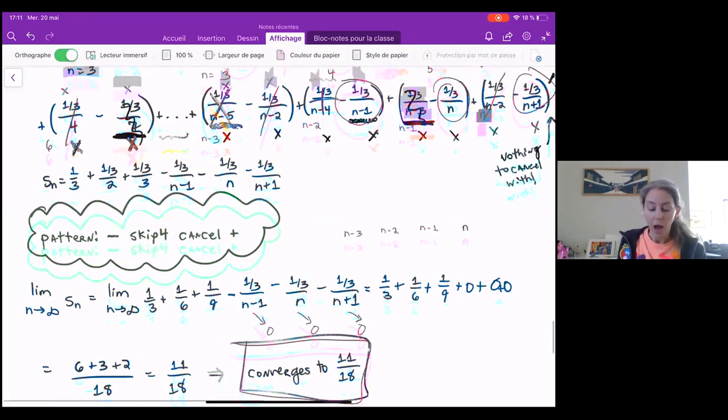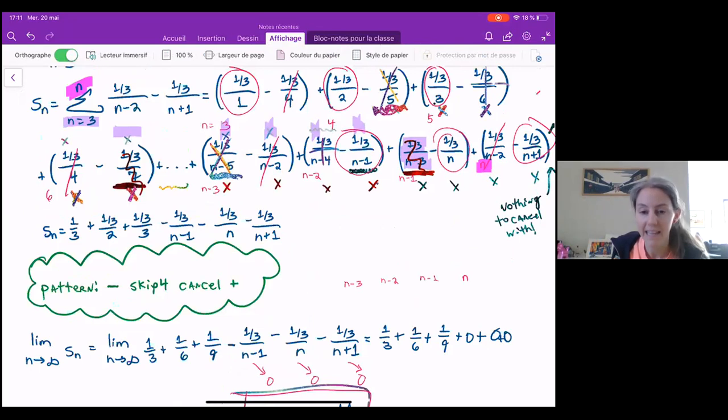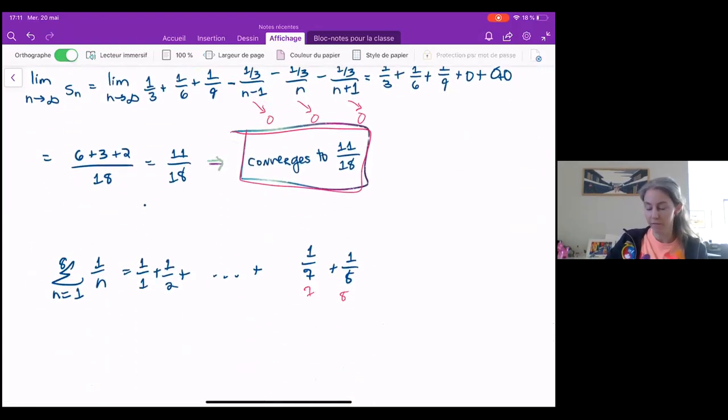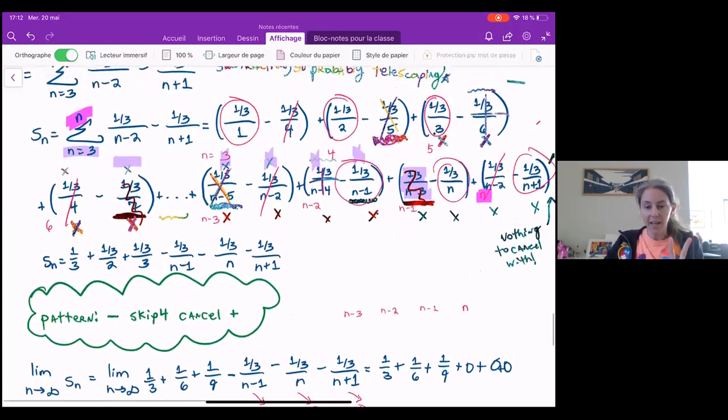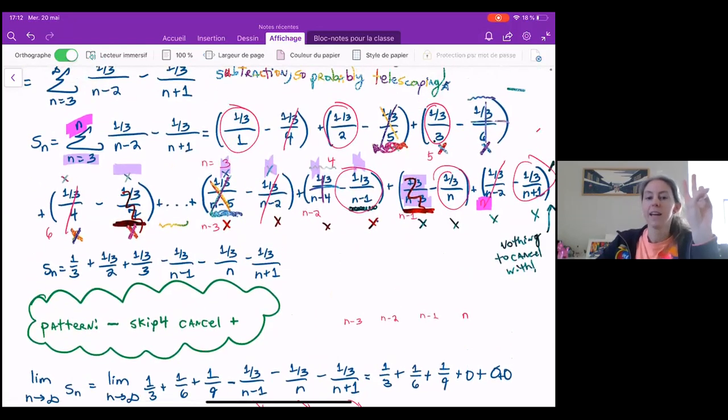Well, okay, so I know that I'm ending in n, right? I know that the very last thing I'm plugging in is n, the same way that down here, I know that the very last thing I'm plugging in is 8. That's the first thing. The second thing is I also know that it took me 4 things in the beginning to figure out what my pattern was, to see something cancel.